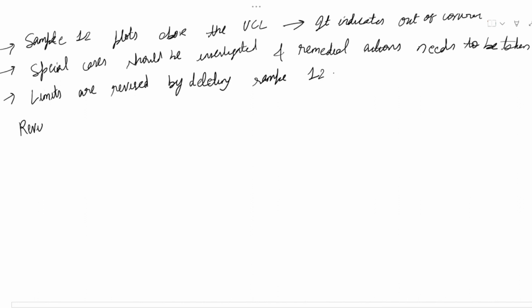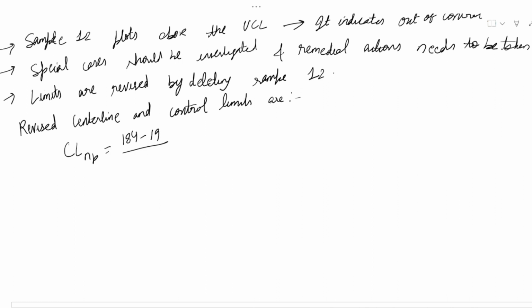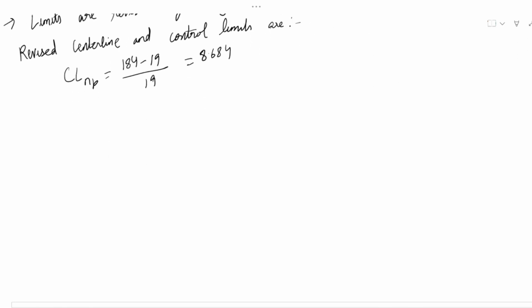The revised center line and control limits are: NP bar is equal to 184 minus 19 by 19. This will be 8.684. Earlier the sample size was 20. Now we have removed the one which is out of control, and now the sample size becomes 19.